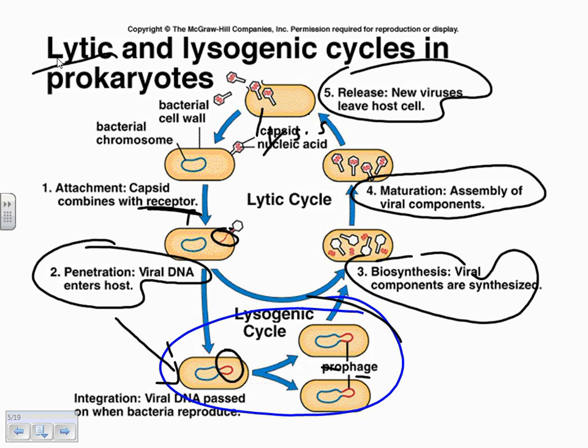Because in this setup, it's not really causing any symptoms. But if something goes on with the host immune system, maybe it gets sick with something else, maybe cancer, maybe HIV, maybe just stress, that can trigger this virus to go from this basic hibernating lysogenic stage back into the lytic cycle. And it can cycle in and out of lytic, back into lysogenic, back into lytic, over and over and over again.